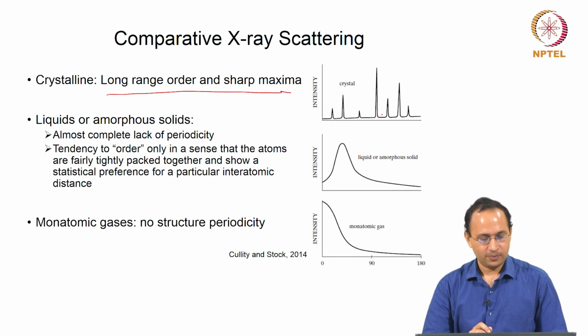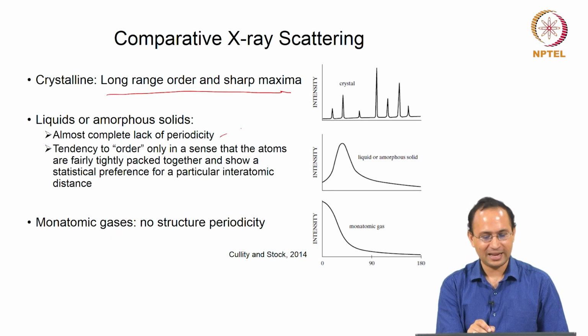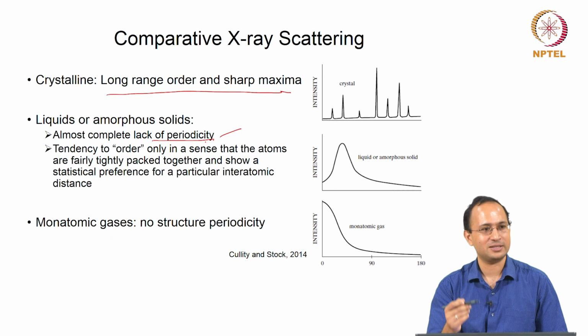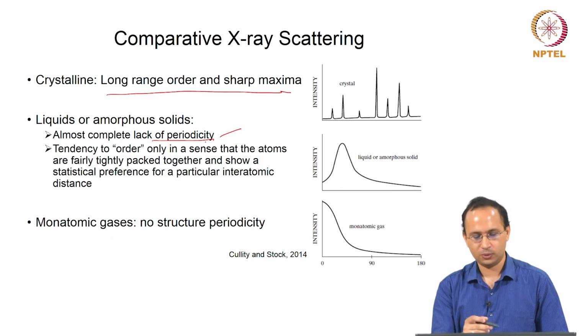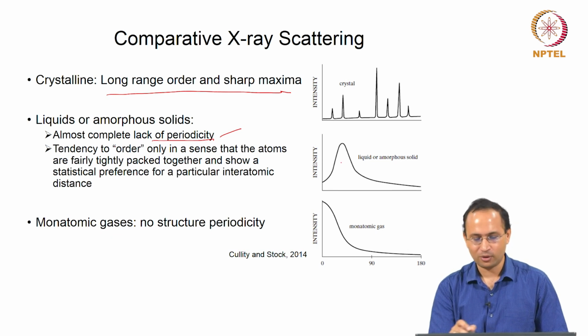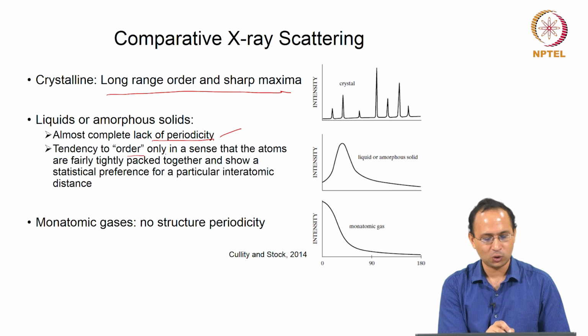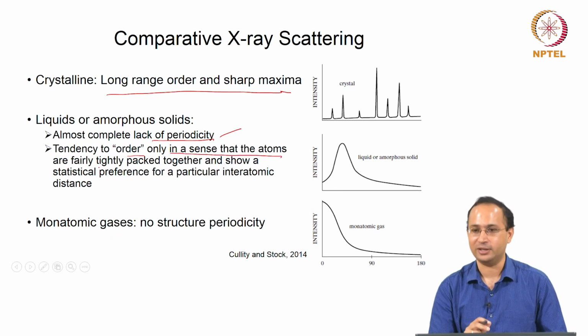Or in amorphous or liquid, you do not see such a pattern. See the difference, this is the crystal, this is your liquid or amorphous solid. So, almost a lack of periodicity, because you need periodicity, right, to get the diffraction. So, it has some tendency to order only in the sense that the atoms are fairly tightly packed together, right.